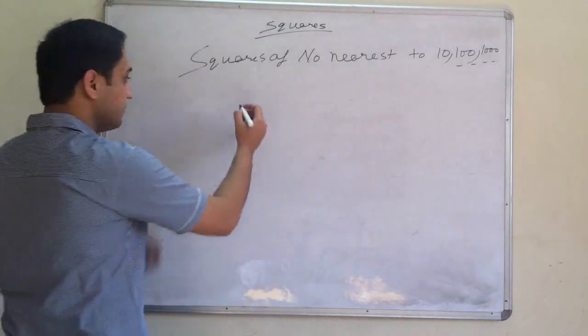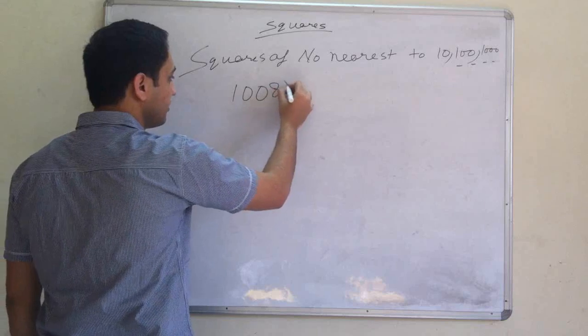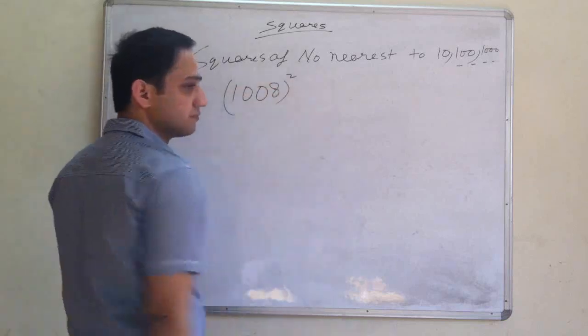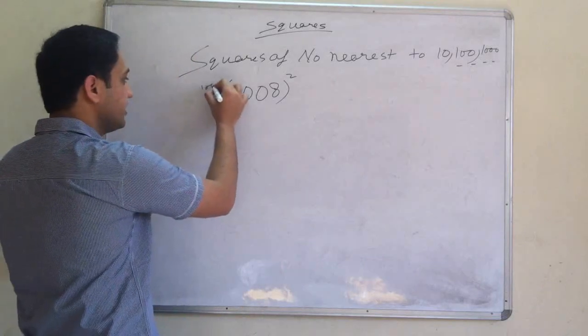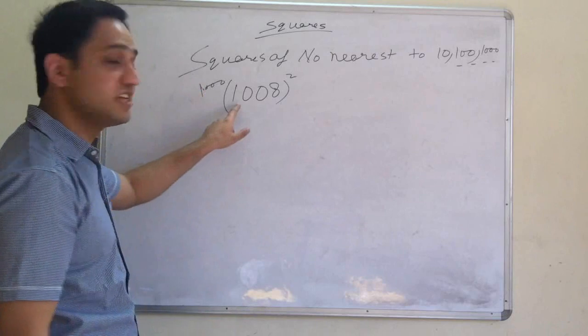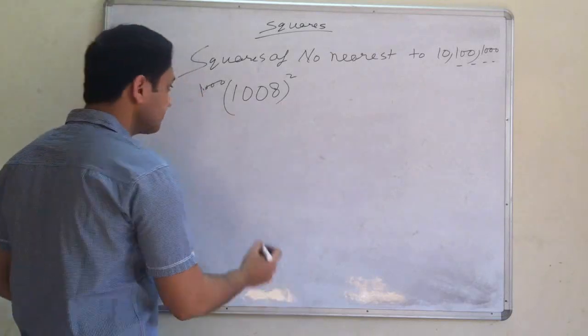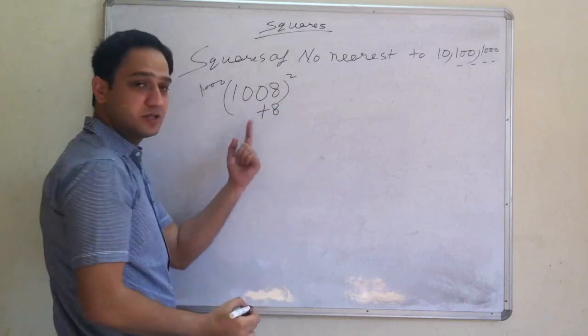Let's take another example. 1008 square. So one easy way is I take 1000 as a base, because it is nearest to 1000. So 1008 is 8 more than 1000.